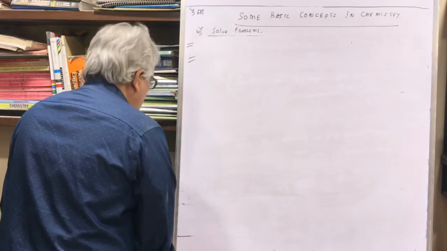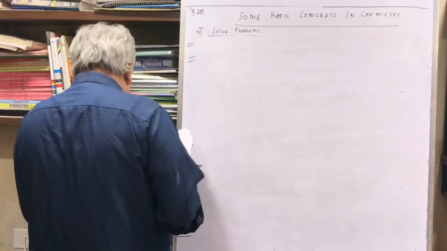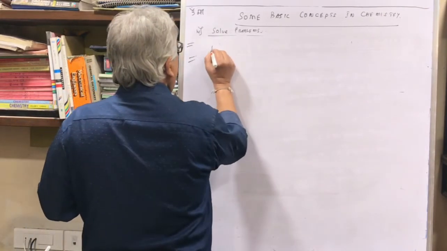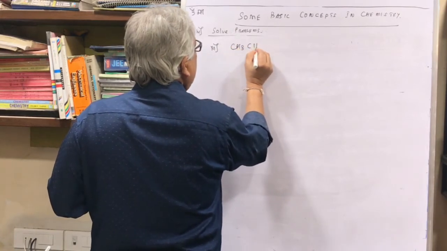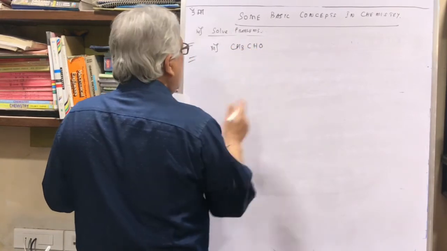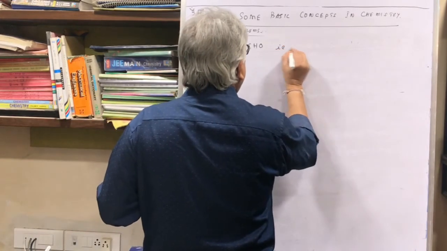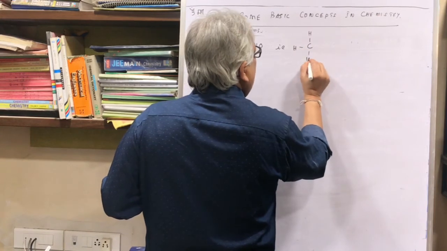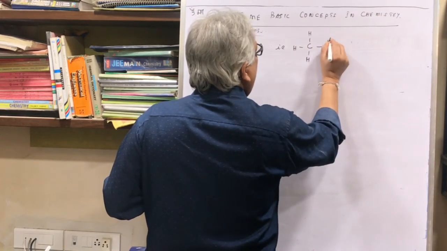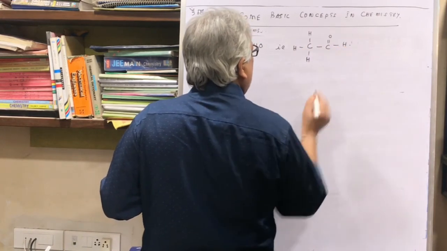Very simple. So, let me do it. Problem number M. M is acetaldehyde, that is CH3CHO. You have to see it even more properly. So, it is CH3, C double bond O single bond H.